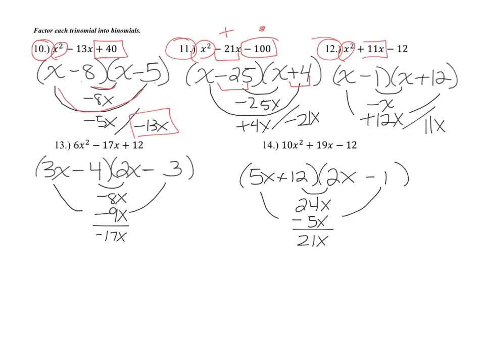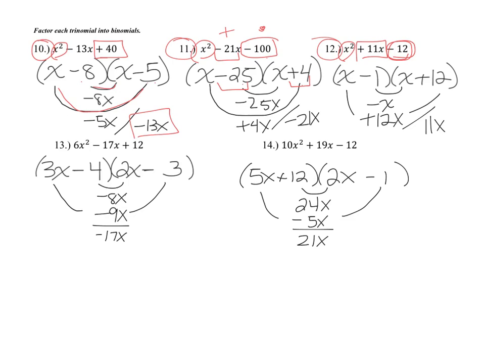Here, we know we have to get 11 in the middle, so really we're just finding 2 numbers that multiply to give me -12, but add to give me 11. Those problems are much easier. These problems down here, 13 and 14, however, took a little bit more time, right? Because that rule of multiplying to get 12 and adding to get -17 doesn't work.